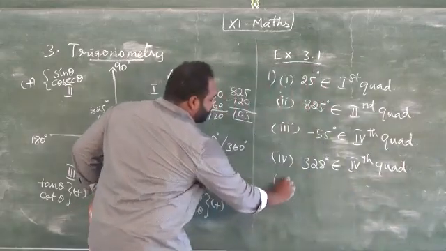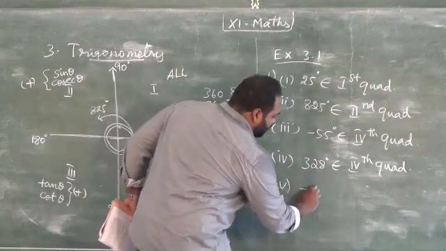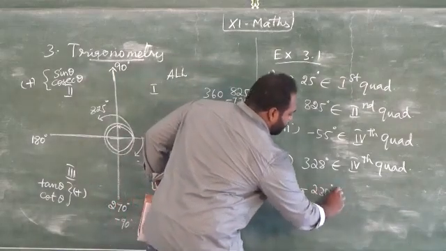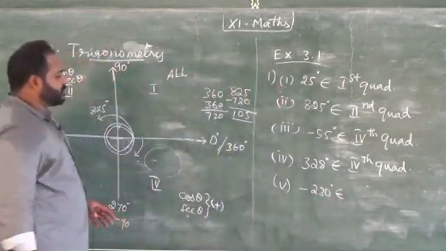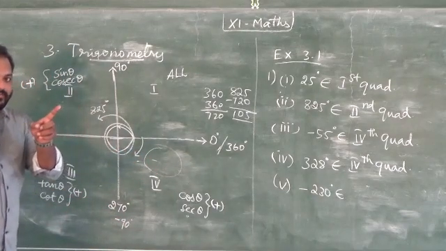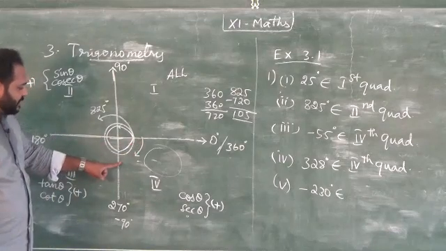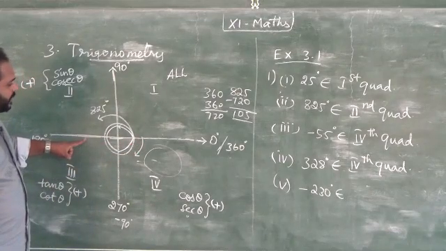Next, the fifth question is minus 230. Here I told you a negative value is measured clockwise. So here is minus 90, minus 180, and minus 270.